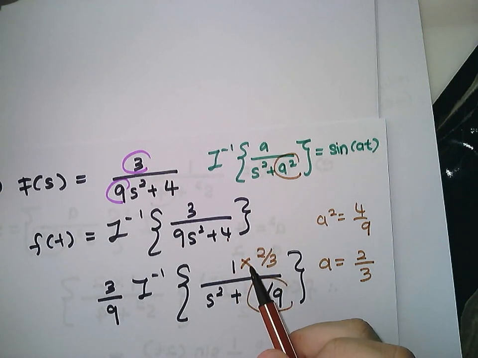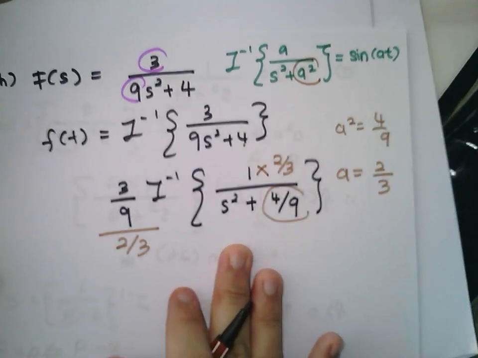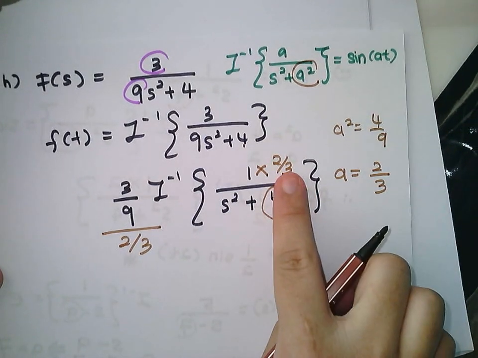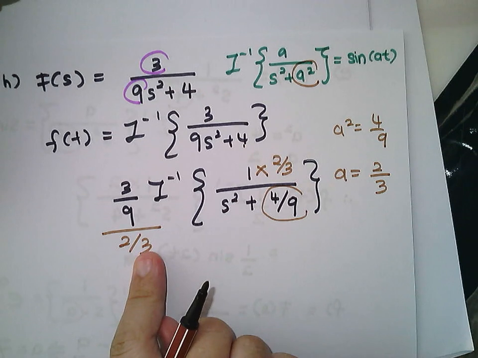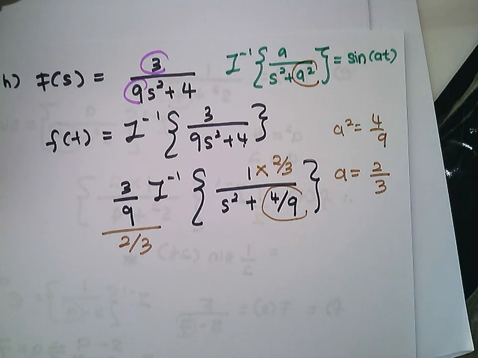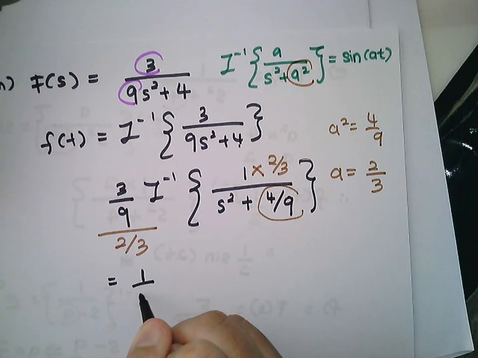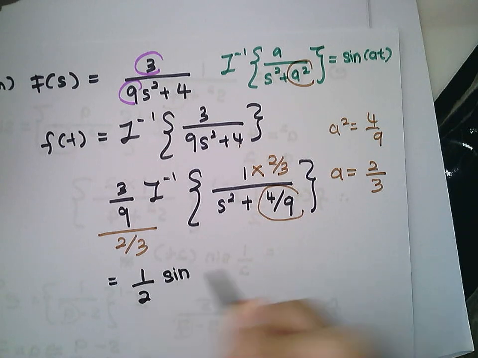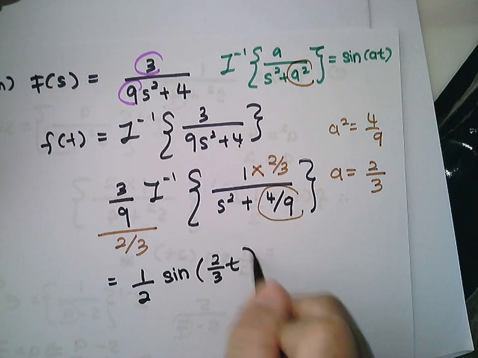If you multiply by 2 over 3, then you need to divide by 2 over 3. So this one is equal to 1 over 2 sine of 2 over 3 t.